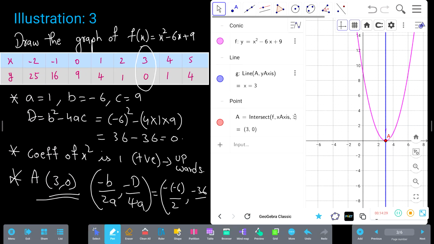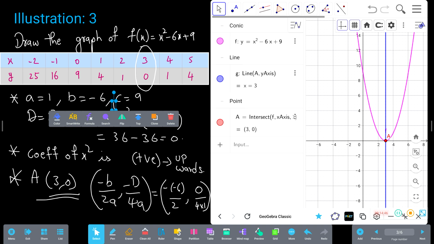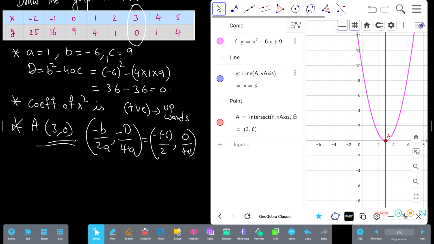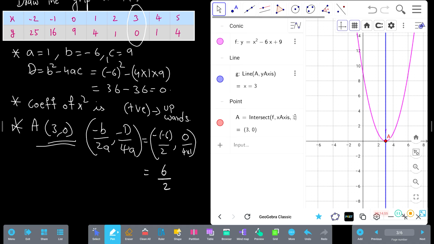Sorry, d is 0 here. 0 by 4 into 1. Okay, so what will be the value? So minus of minus 6 is 6, 6 by 2 and 0 by 4.